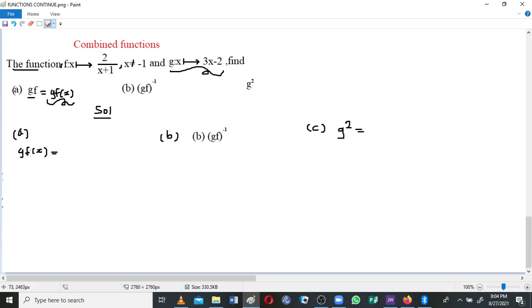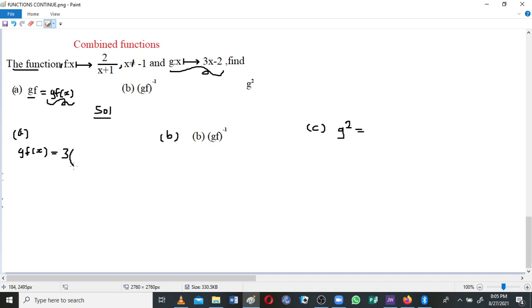Our function f(x) is 2 over x plus 1. Now our function g(x) is 3x minus 2. And so we're going to take the function g(x), so we have 3x minus 2. Now we're not going to write 3x minus 2. Remember, forming a combined function, we substitute one function into the other.